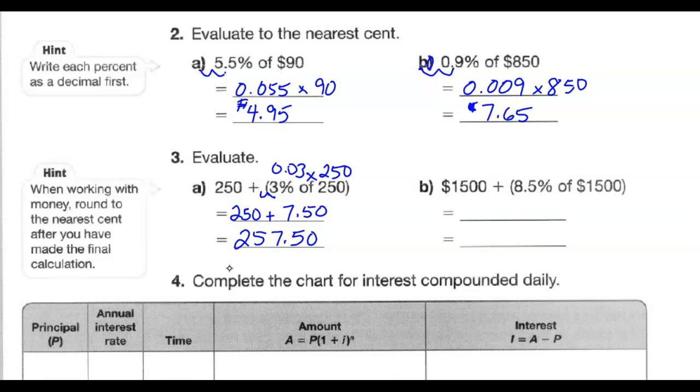Actually, now looking at it, there isn't a dollar symbol, so it could be any kind of calculation. So I won't put a dollar symbol in for this one. Next one I will, because there's dollar symbols. So again, it's 1,500, and then maybe a tax of some kind is 8.5%, so it gets added on. So moving the decimal 2 to the left is 0.085 times 1,500. So we'll get our calculator out.